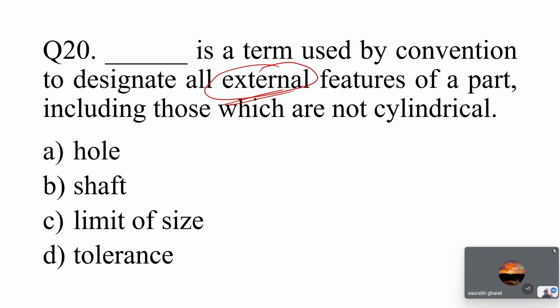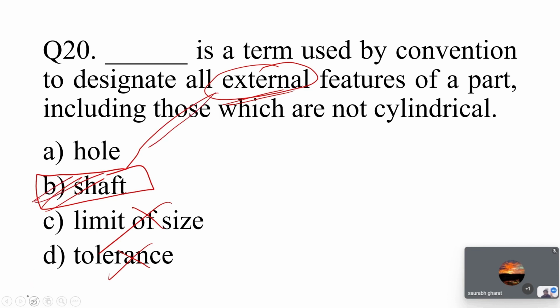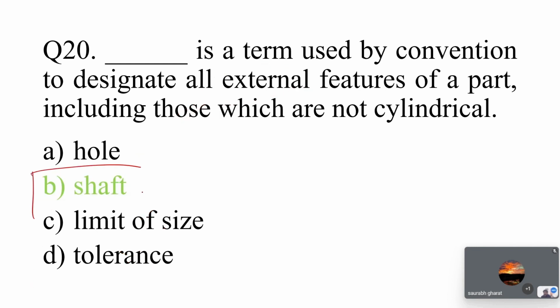If you go to the slides, I already told you the external feature is important. So your answer is shaft. The other option is already gone. The shaft is your correct answer.